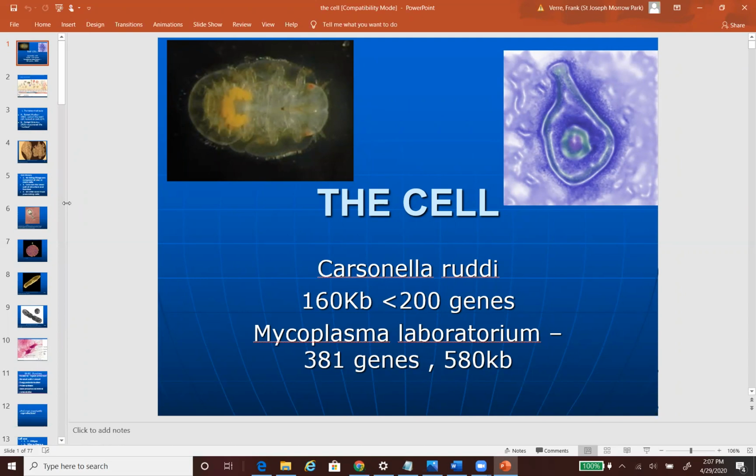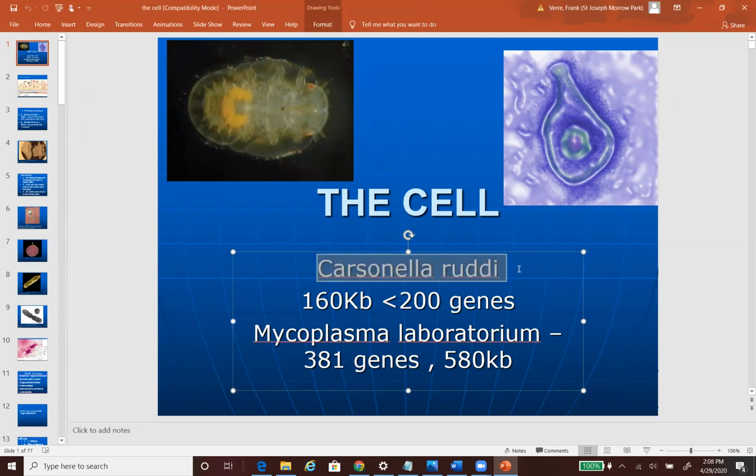So we know cells are really, really tiny. And we know that they make up living things. They could have very small genomes, and a genome is the instructions to build the cell, the instructions to build the organism itself. So for example, here is an example of a bacterium. You can see it has less than 200 genes.